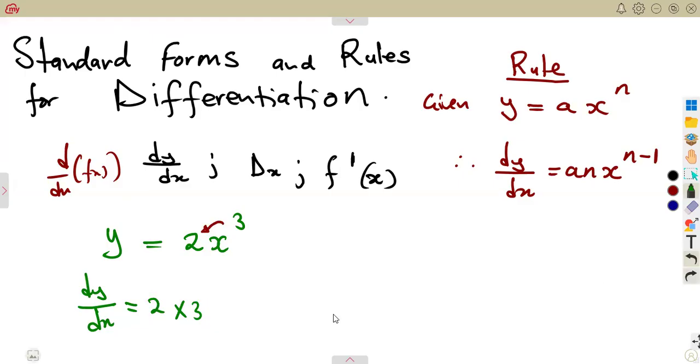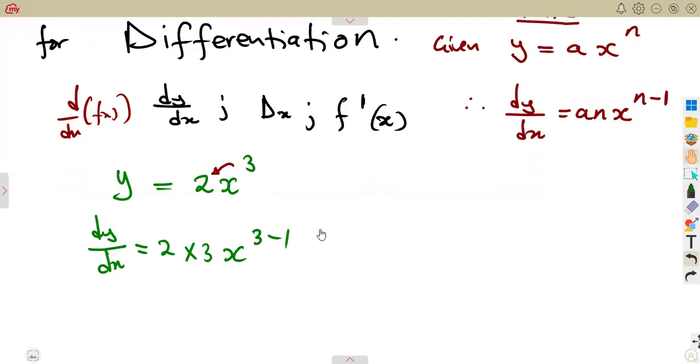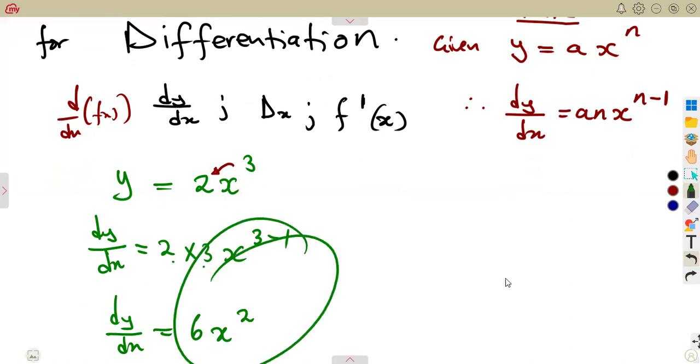Then for the x, we are going to subtract 1 on the exponent. So it's going to be x to the exponent of 3 minus 1. Multiply, subtract 1. That's the rule. So this will be 2 times 3, which is 6x to the exponent of 3 minus 1, which is 2.